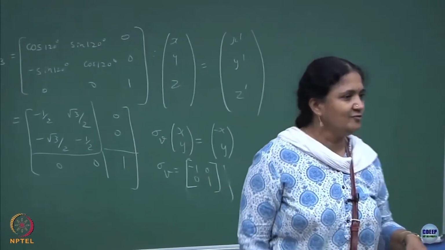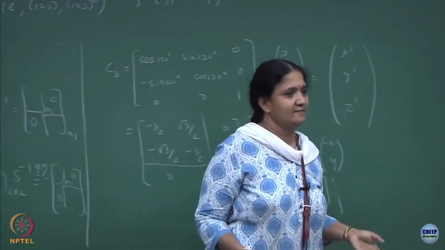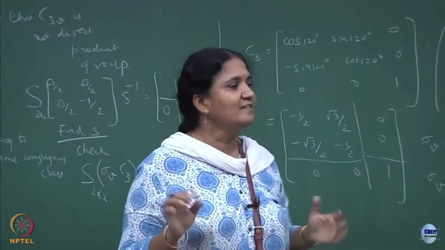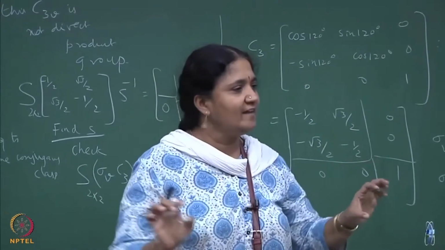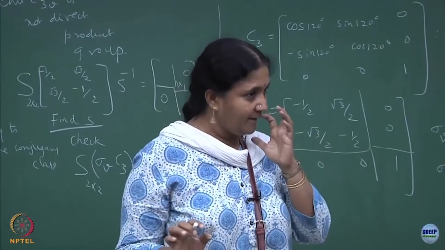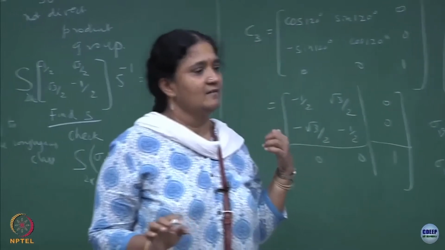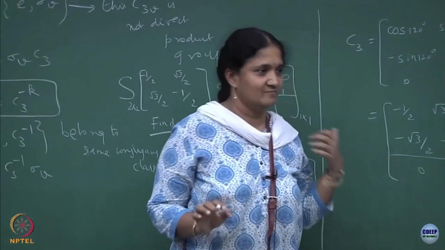Okay. One is you can do it by brute force and check it out. I am trying to tell you that simultaneously making all the elements diagonal, starting with this 2-dimensional representation, is not possible. Okay.